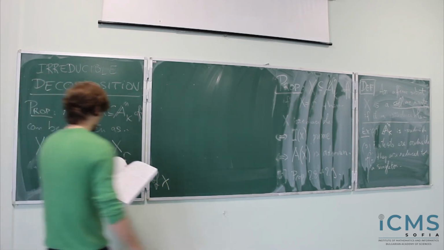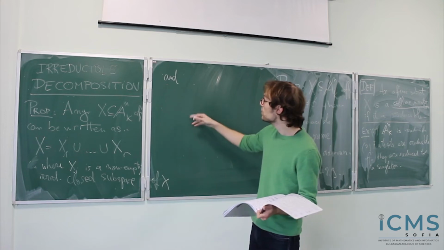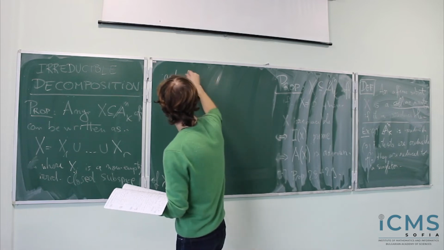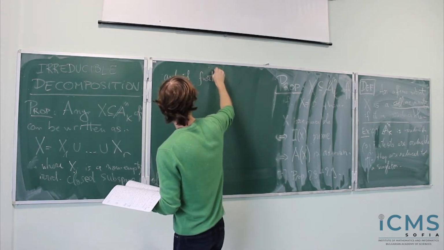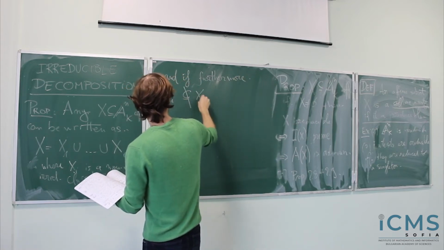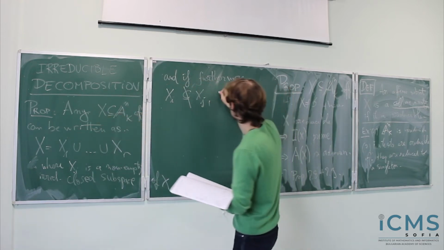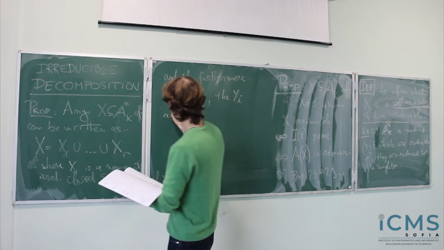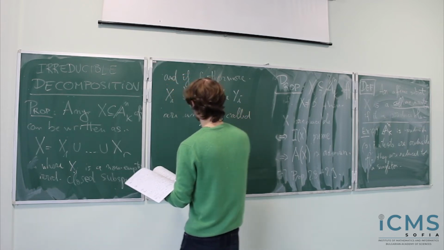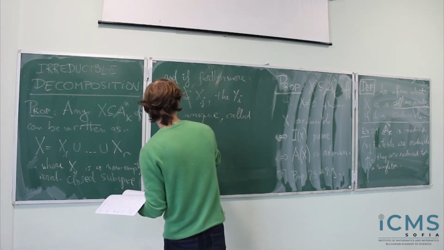And so this is a general process, but if I can assume simple set theoretical operations, and if furthermore we don't have any inclusions among these Xi's, the Xi are unique, and they are called the irreducible components.